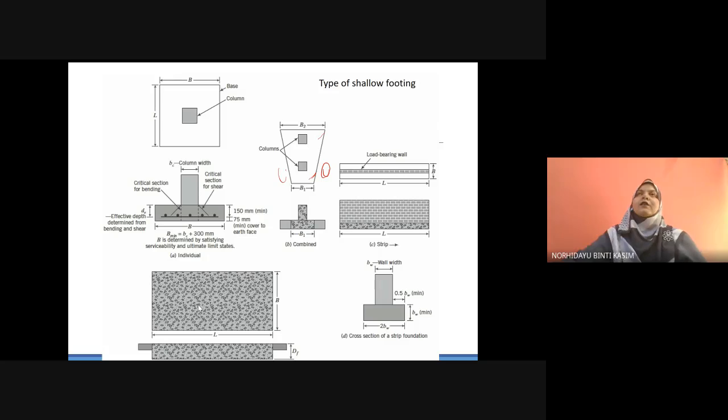And then mat foundation: if your soil is very weak and we don't want differential settlement, then you can design a mat or raft foundation, meaning one large foundation for the whole building. So we call it a mat foundation. And then you have strip foundation here, when you have a wall with a small slab here.